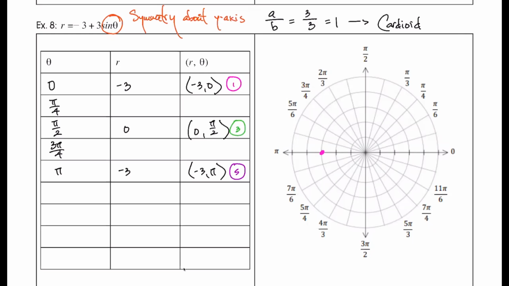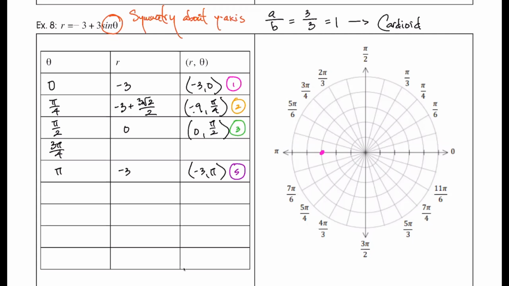Pi over 4, that's negative 3 plus 3 root 2 over 2. Let's see what decimal that gives us. Negative 0.9, comma, pi over 4.